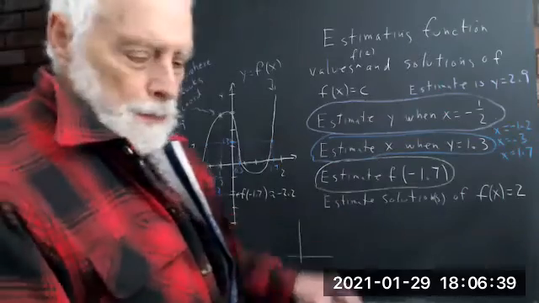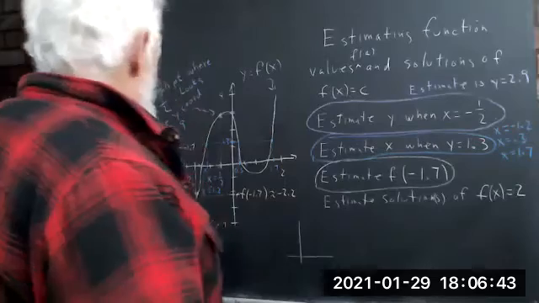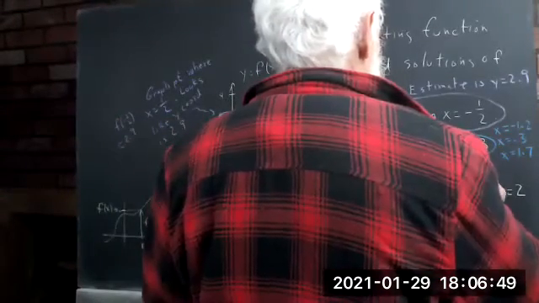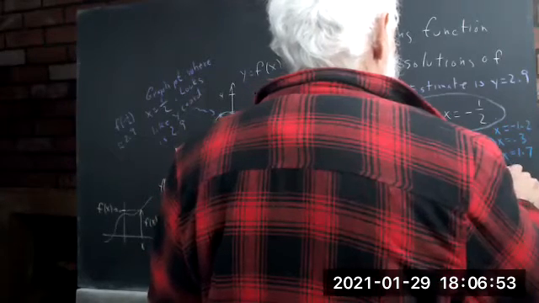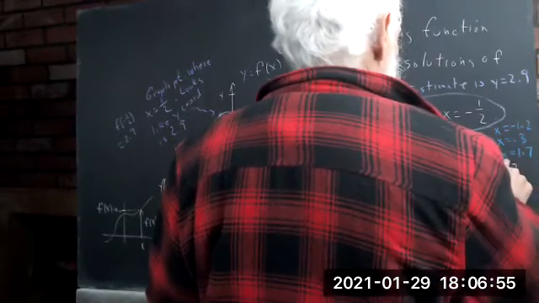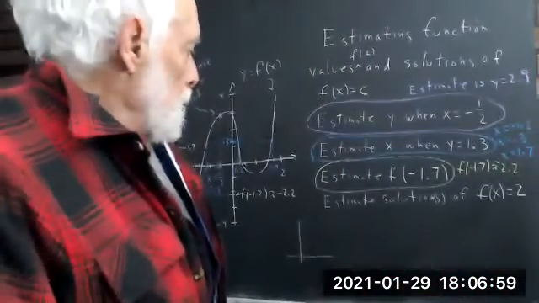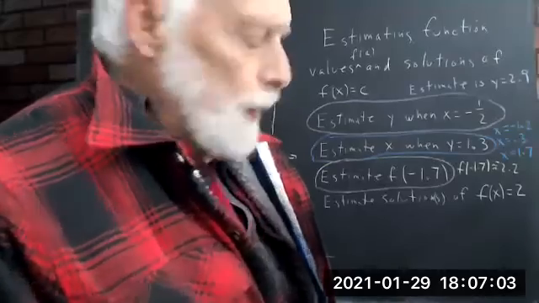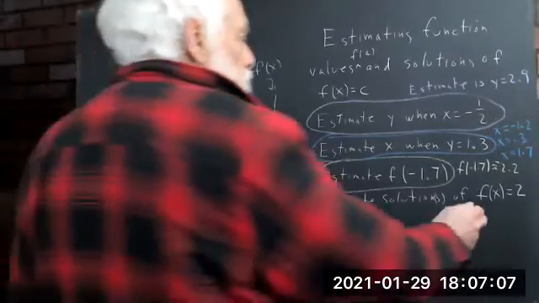Down here, when we estimated f of -1.7, our estimate was -2.2. Okay, one more estimate to make. We want to estimate the solutions of the equation f of x equals 2.